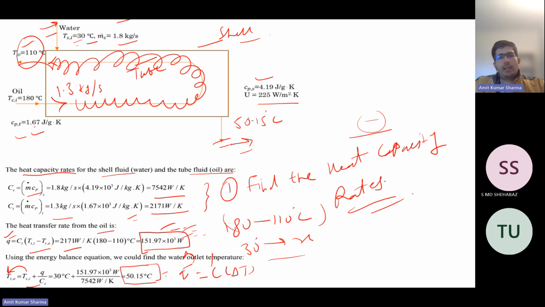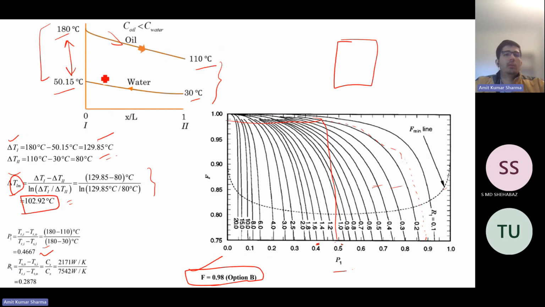So basically, the funda is to try to calculate all temperatures, both end temperatures of hot stream, both end temperatures of cold stream. Okay, you know the heat capacity, find the LMTD, apply this formula, and use the graph and table. You will get to know the answer. I think it's clear. Any doubt?